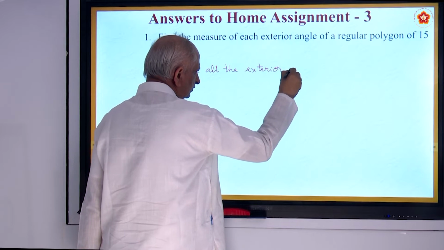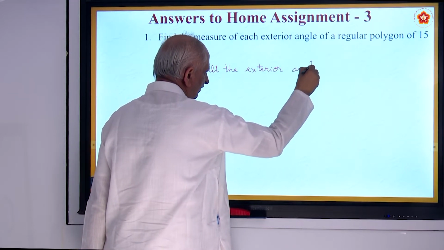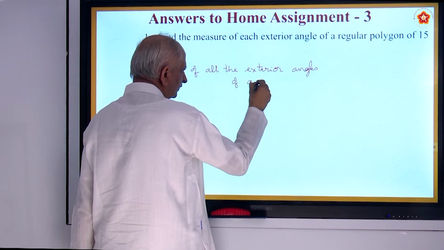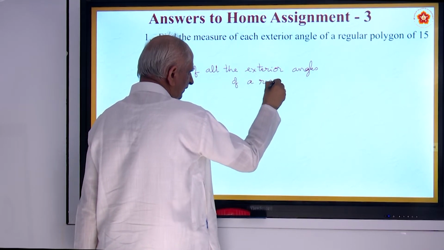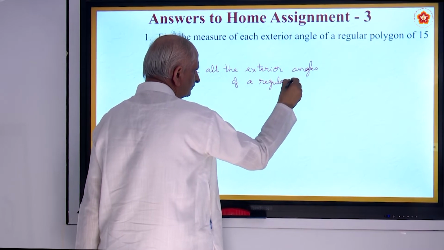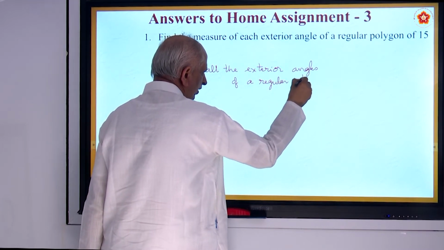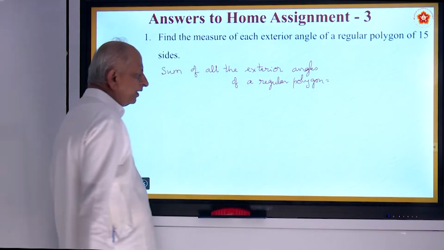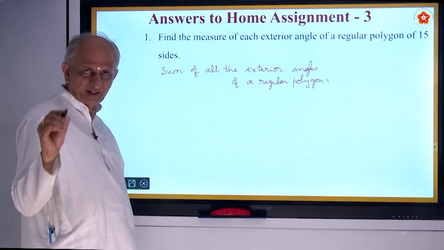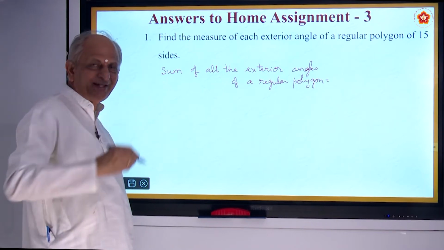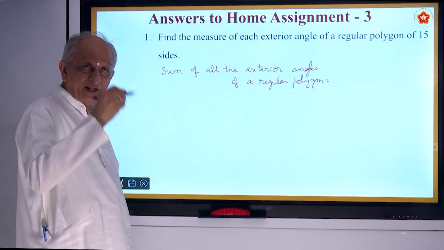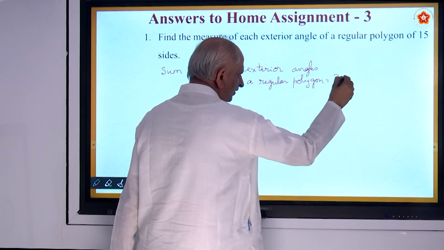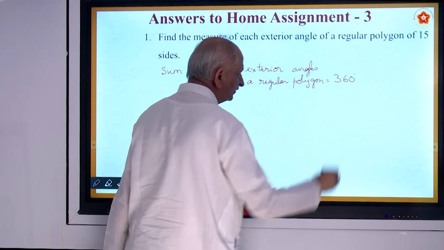Sum of all the exterior angles of a regular polygon. What do you mean by regular polygon? A regular polygon is a polygon having all the sides and all the angles equal. So the sum of all the exterior angles is 360 degrees.